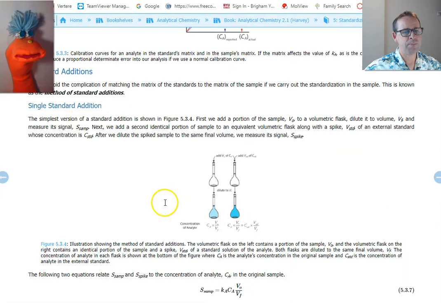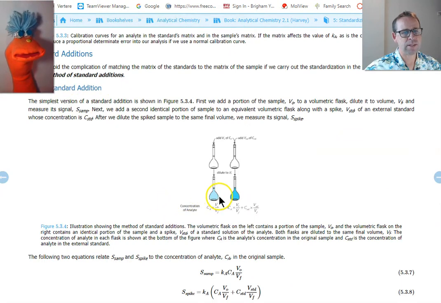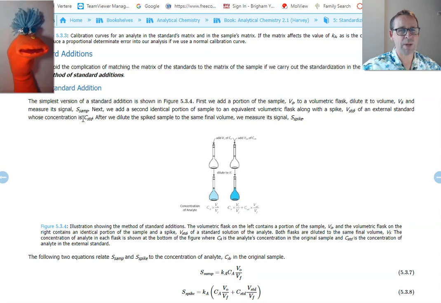And the reason you do this is because the signal that you are expecting to see from that analyte that you added should be known, right? You should know how much signal you should see. And that amount of analyte that you added is also in the same matrix. So if the matrix influences your sample, then it will influence your added amount of analyte as well.